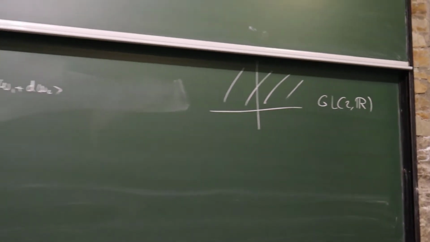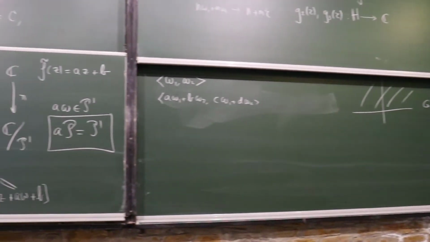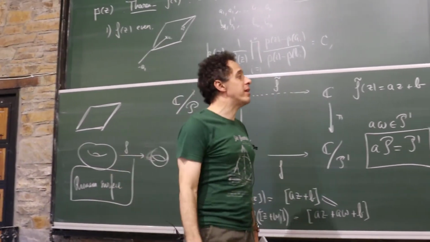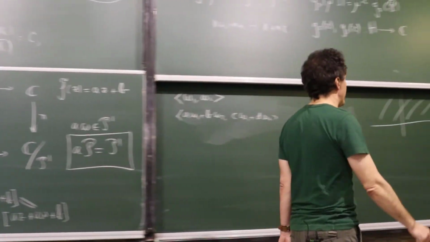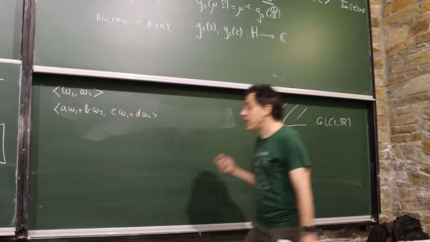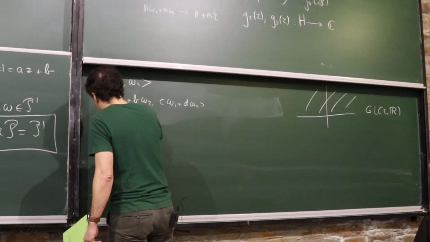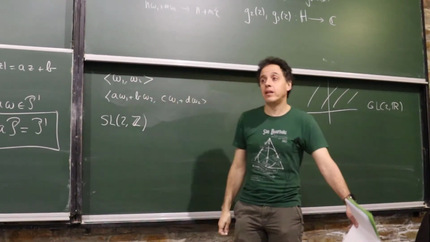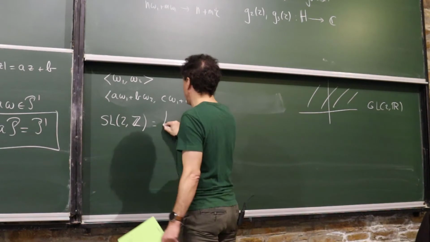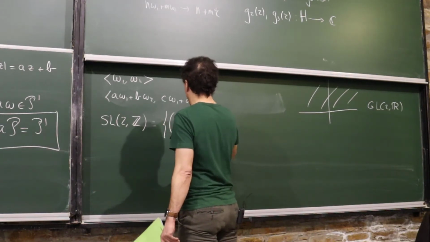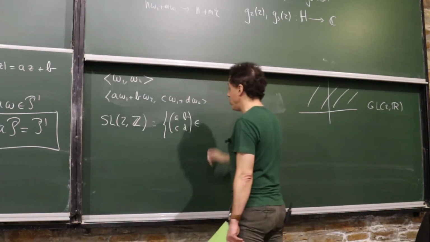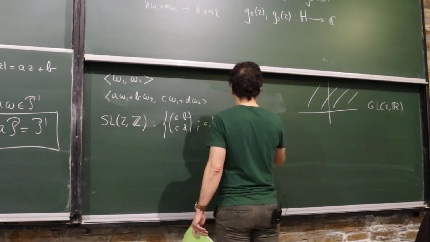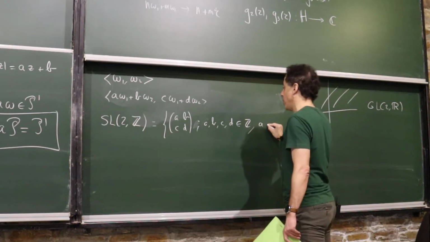So if we are interested in matrices of integer numbers having determinant 1 or minus 1, and moreover the determinant must be positive, we will be interested in the set called SL2Z. This is the set of 2x2 matrices of integer numbers having determinant equal to 1.